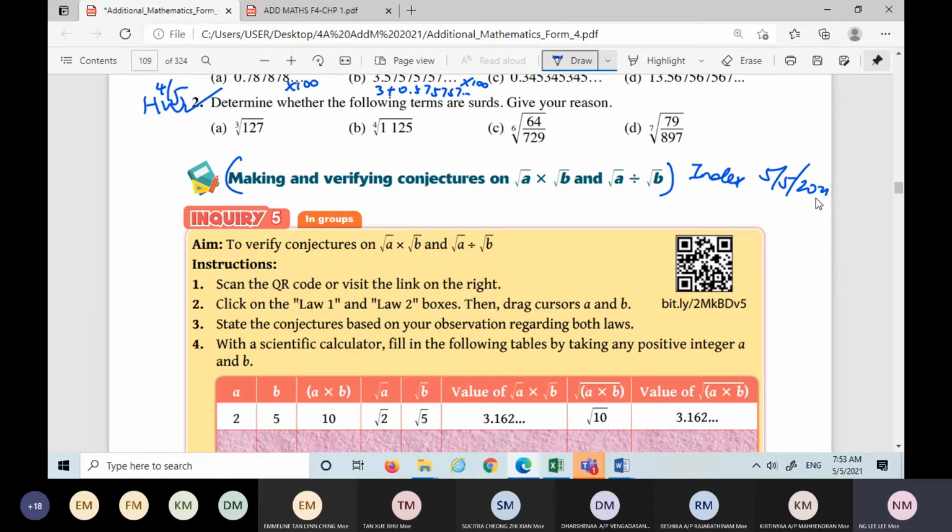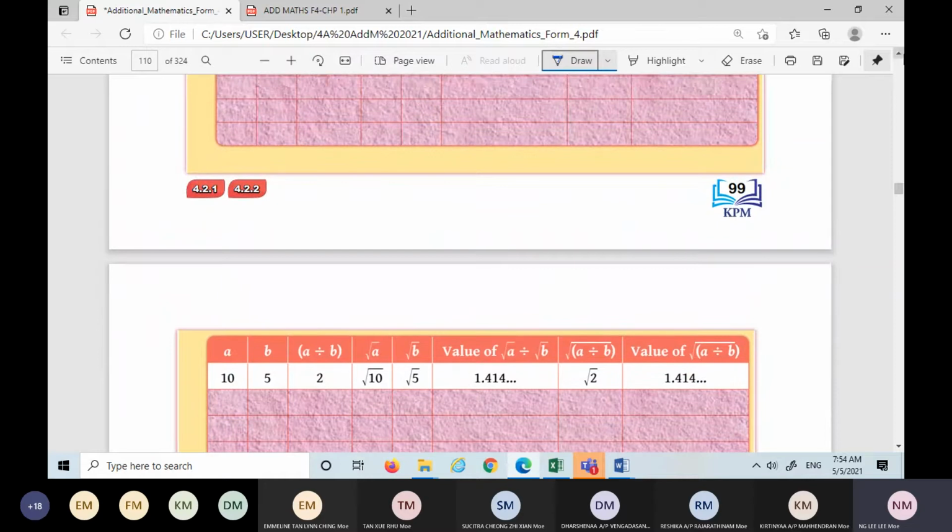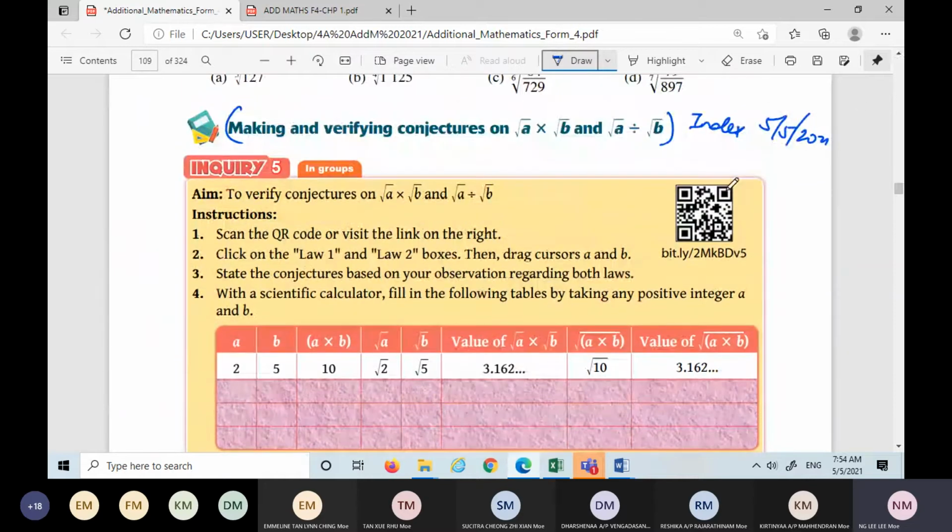If you have square root of a times square root of b, you get a square root and inside is a times b. The other one is when you have square root of a divided by square root of b, same thing. You get a square root and inside is a divided by b. So this one you may copy. This is what you have learned during lower form, but very fast. We just look at this software.